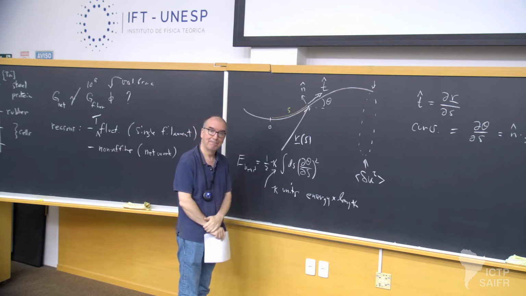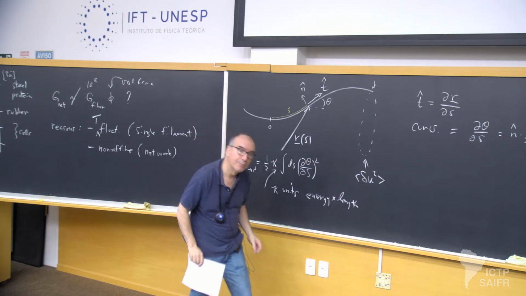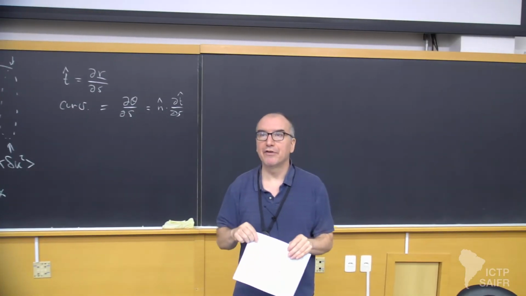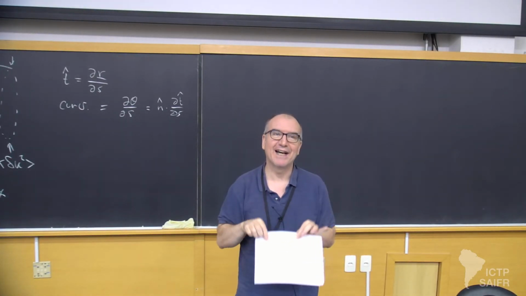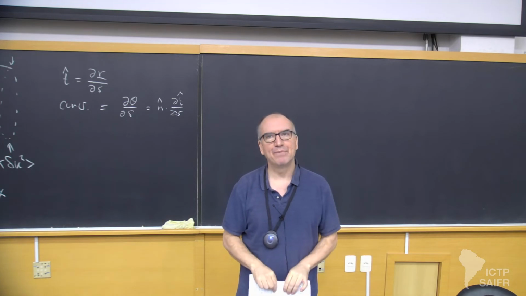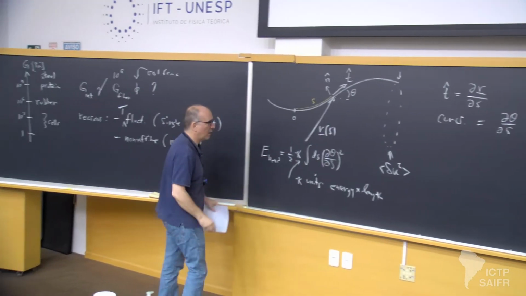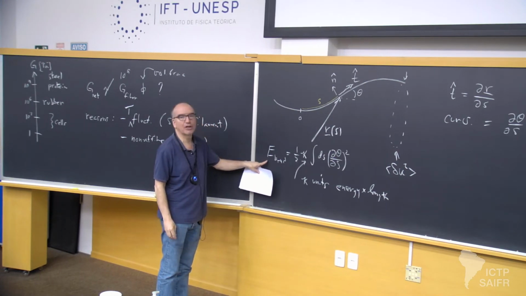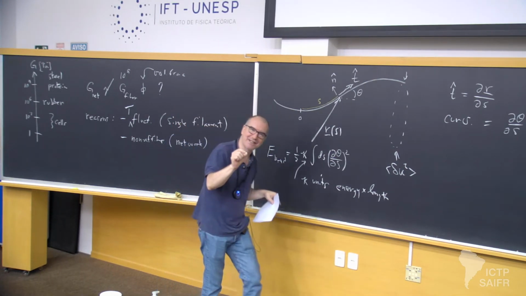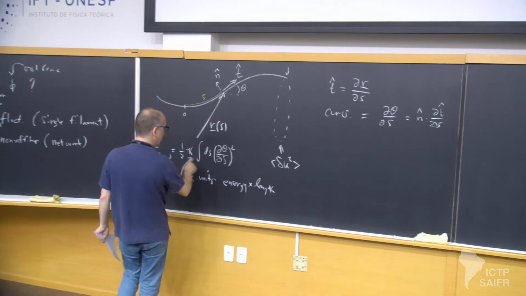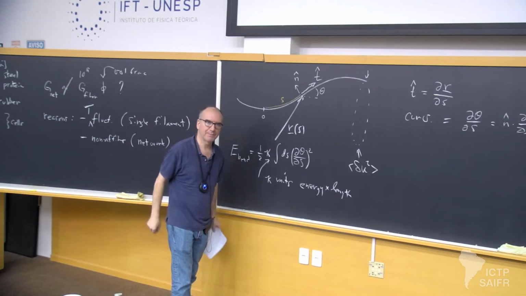Yep. Why am I ignoring other deformations, like stretching? Yeah, I'll get to stretching later. This is actually what's called a worm-like chain model, essentially, and it's initially going to be inextensible. I will add stretching to it at some point.